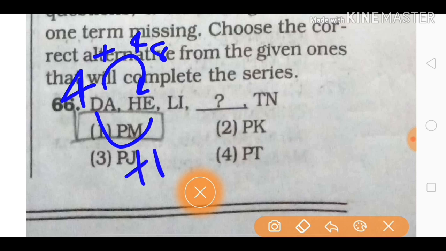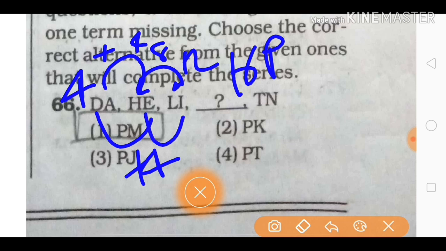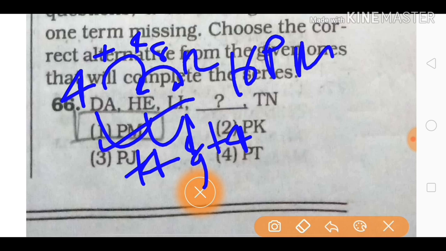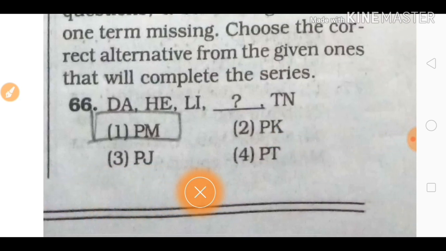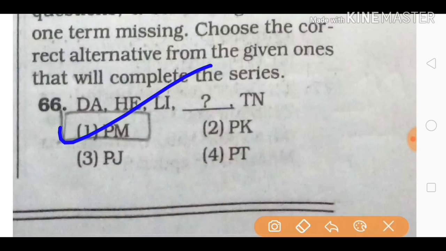AE is also 4, right? Then H 12. Now the next one should be 16. 16 means P. Here also 5 plus 4 is 9. I is 9, right? Plus 4 is 13, and 13 is what? M. So PM is the right answer, and PM is given in this, right?